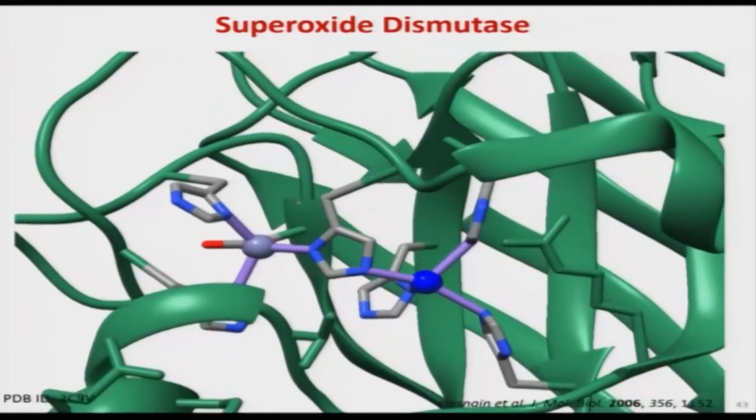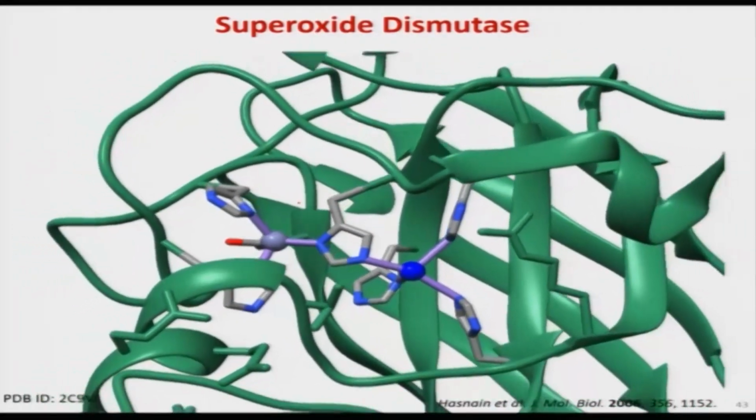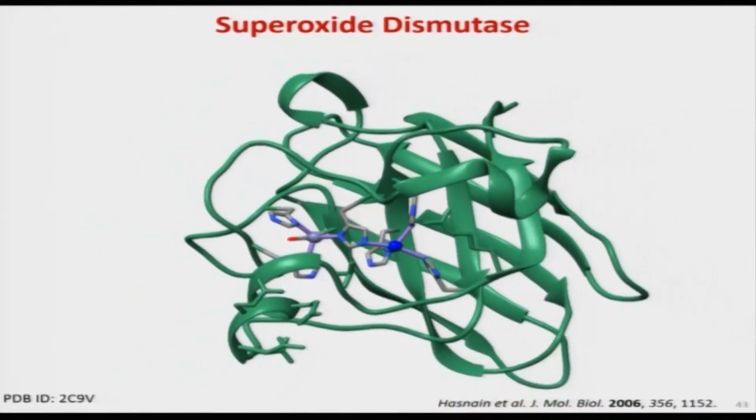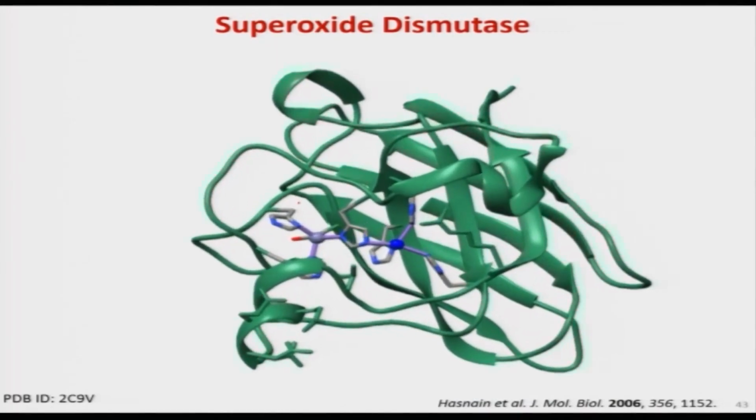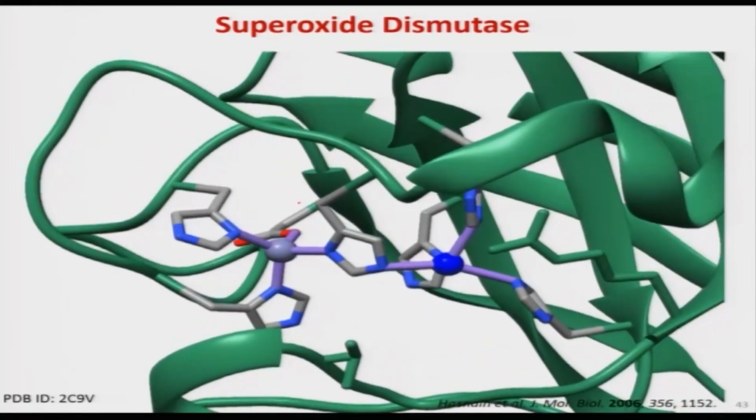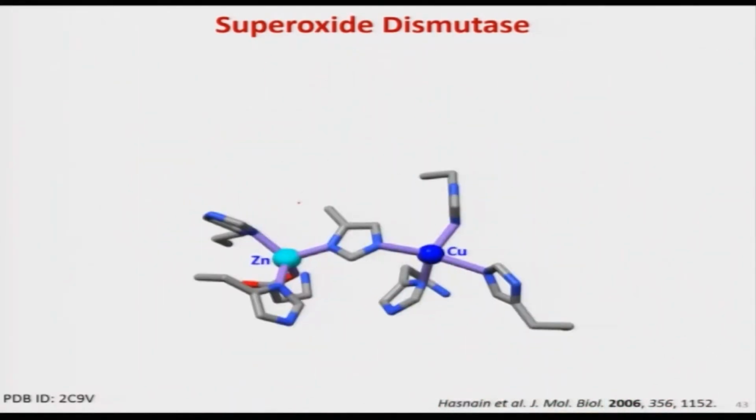As you can see, there is a huge protein wrapping this copper zinc SOD molecule, and if I remove this protein, this is the active site structure I have already shown you, where copper and zinc are bridged through a histidine group.